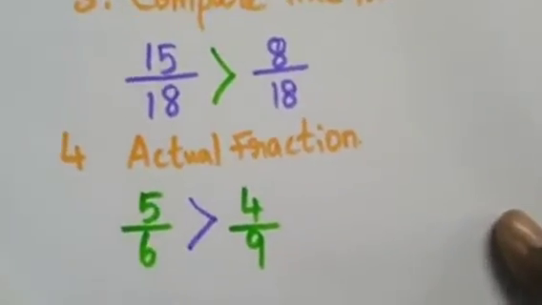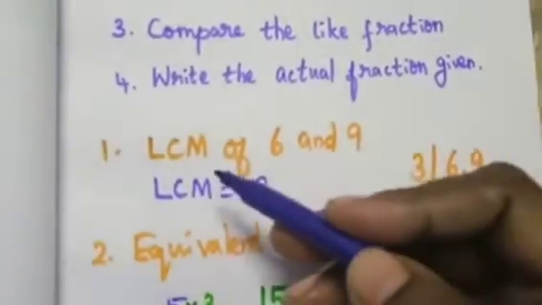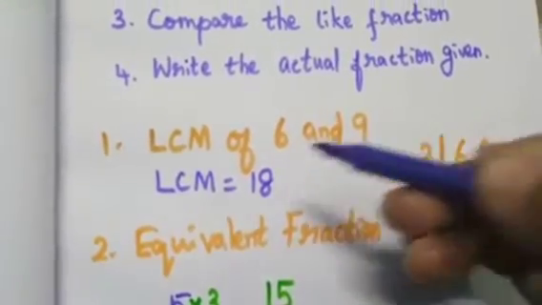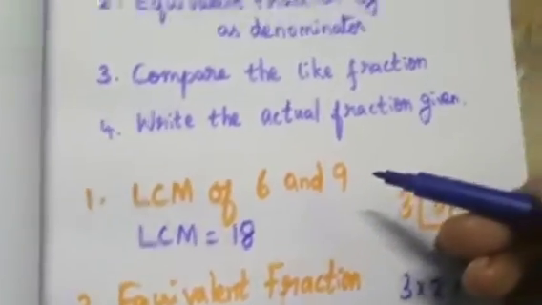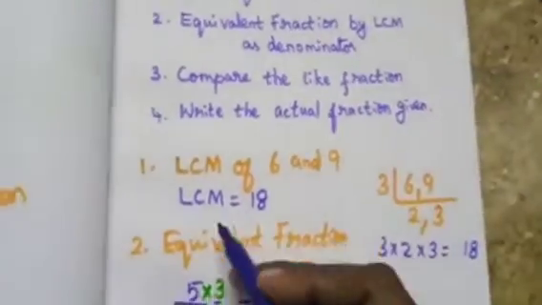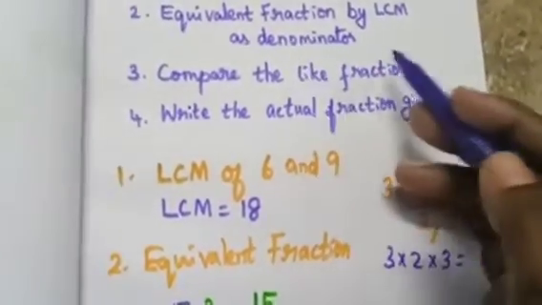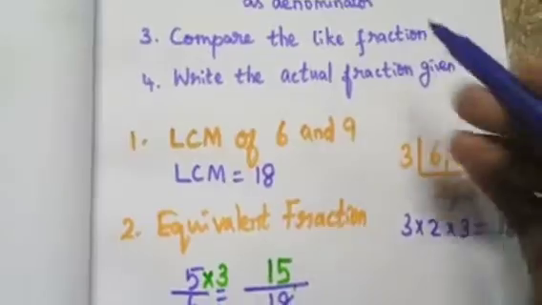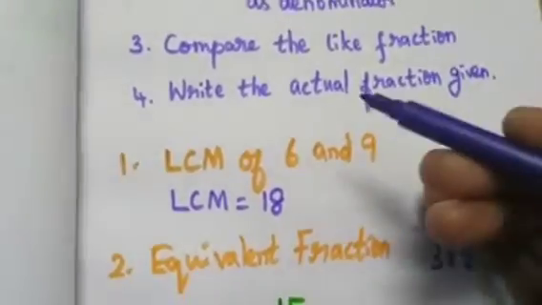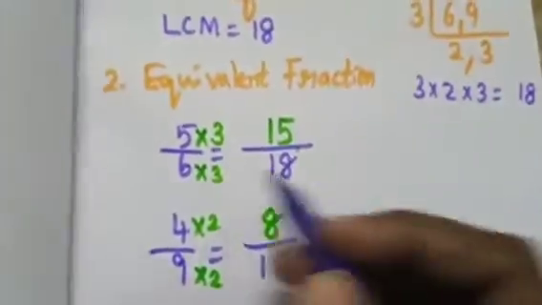Are you clear? So what are the steps involved? First, we have to find the LCM of the denominators, 6 and 9. Then we have to find equivalent fractions using the LCM as denominator. Then we have to compare the like fractions we get. After that you have to write the actual fractions equivalent to the given fractions.